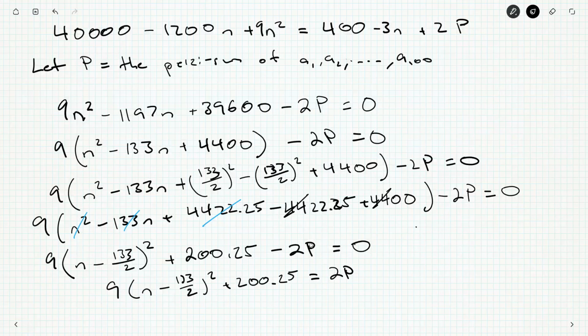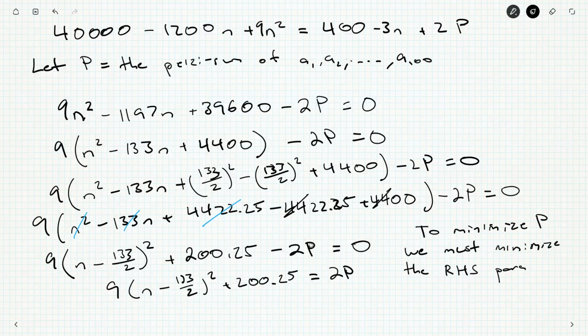Now, to minimize p, the pairwise sum, we must minimize the right-hand side parabola.